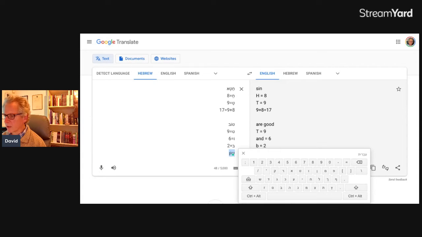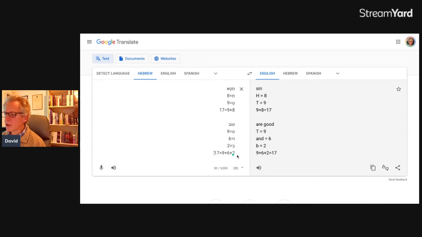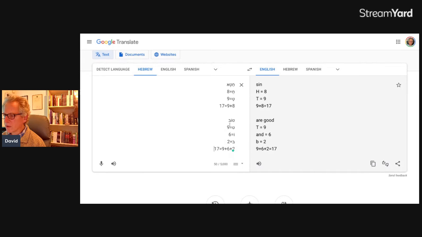And 9 plus 6 plus 2 equals 17. What we've got is Tov, which we pronounce as being 17, and we've got the part that we hear in chet being 17. And then we have this Aleph, which is quiet in chet.